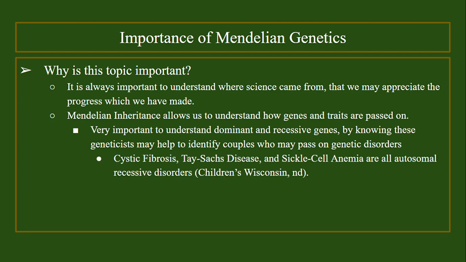Some diseases, such as cystic fibrosis, Tay-Sachs, and sickle cell anemia, are all known as autosomal recessive disorders, meaning that each parent must carry a copy of the recessive gene for that disease in order for their offspring to inherit it.